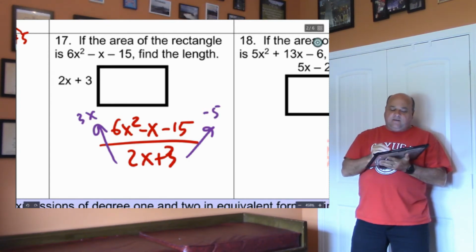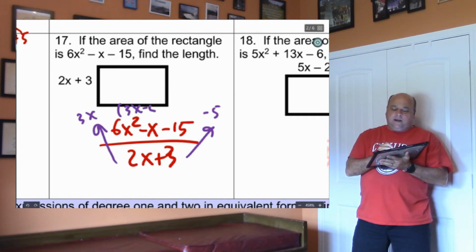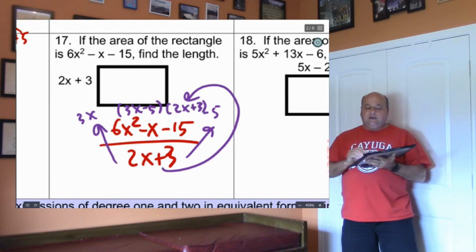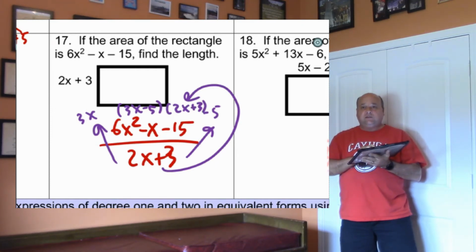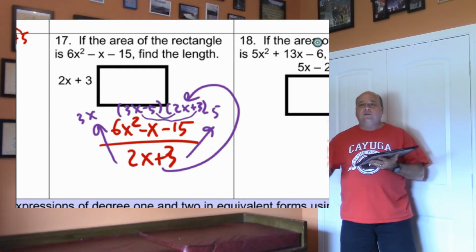It's negative 5. This is going to form one of my factors. Then write this factor back on top. And guess what happens if I multiply these? 3x times 2x is 6x squared. Negative 5 times negative 3 is negative 15. If I do my arches, I got negative 10 and positive 9. That's going to be the negative x. Those are the factors of that.